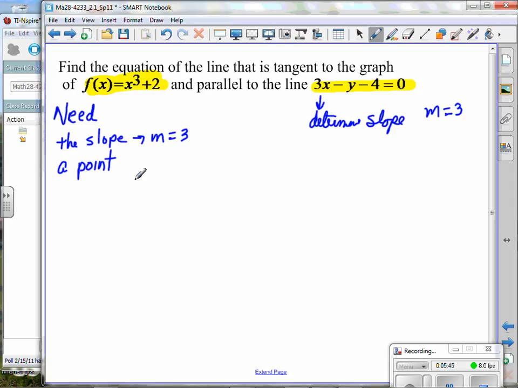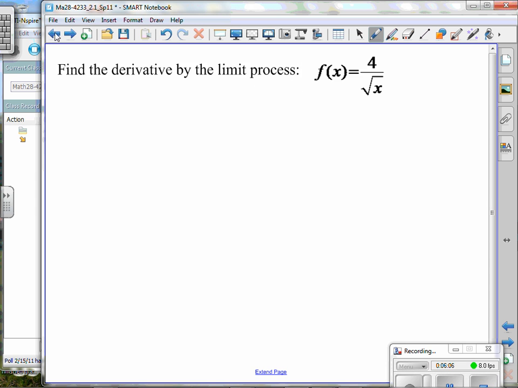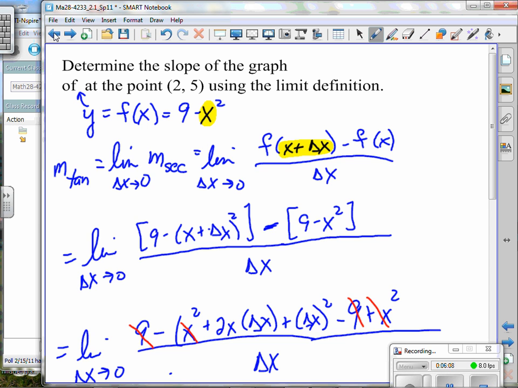Okay, what is a derivative? Slope. Think about what you just said. The slope of a point. The slope of a line. Okay. So the derivative is the slope of a line tangent to the curve at a point.